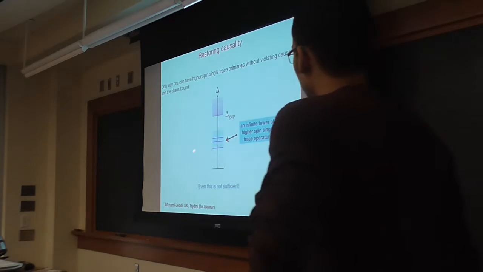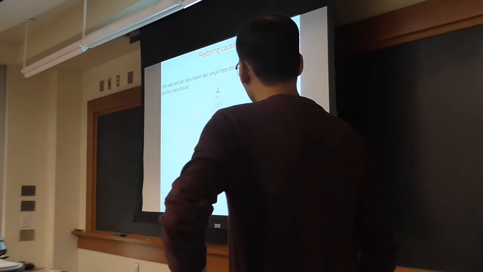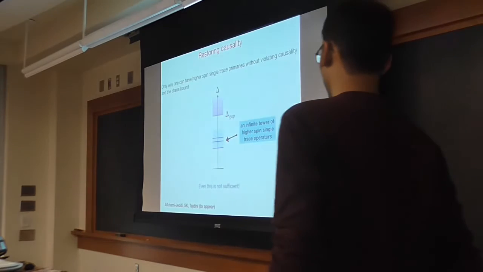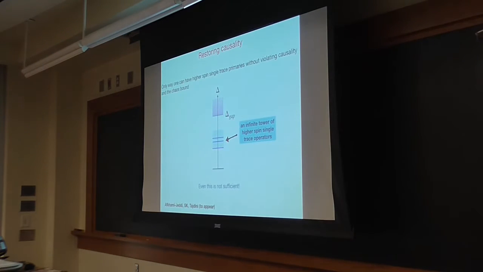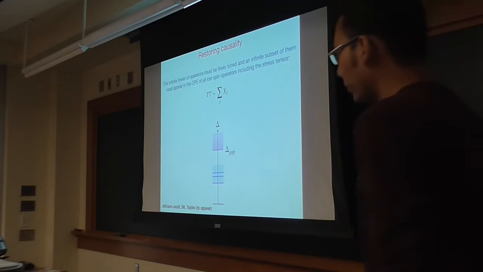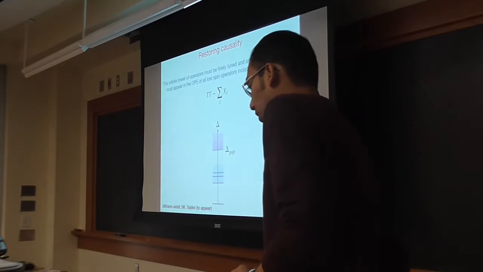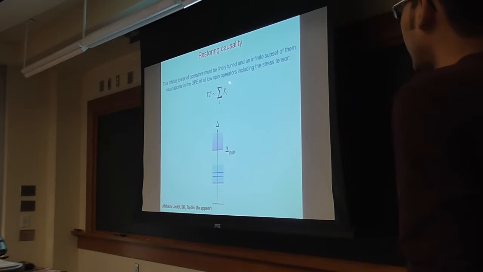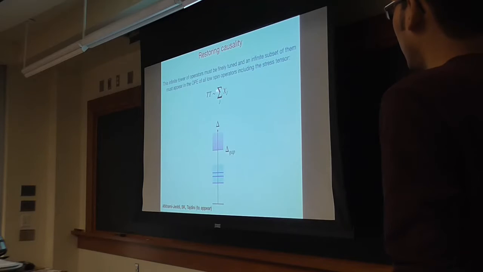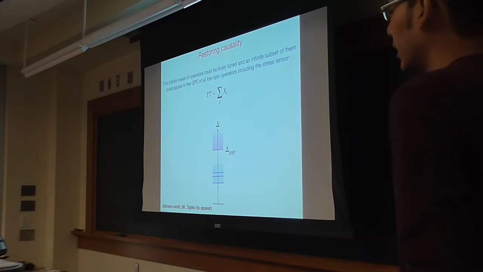First of all, the OPE coefficients of this entire tower should be finely tuned. And second, you can show very easily from the Ward identity argument that at least an infinite subset of this operator tower should appear in the TT OPE.